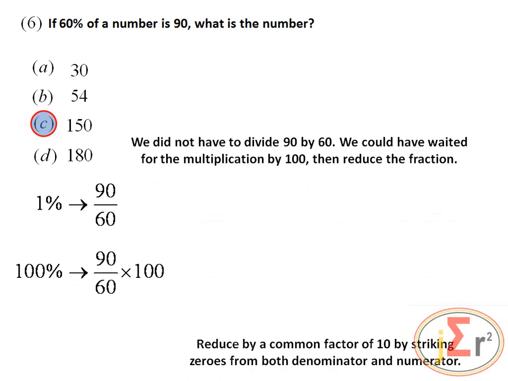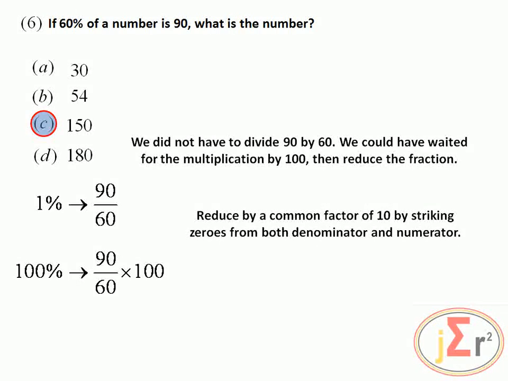And then our answer may be arrived at. Reduce by a common factor of 10 by striking zeros from both denominator and numerator. So our first step is reducing by a common factor of 10. Then reduce by a common factor of 6. So 6 into 6 is 1, and 6 into 90 will go 15 times.